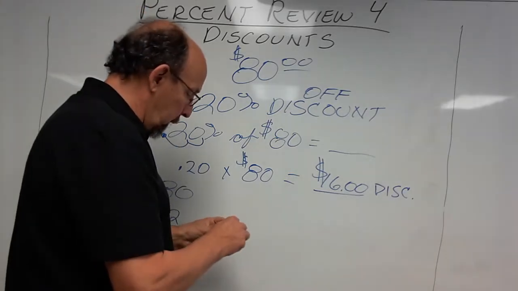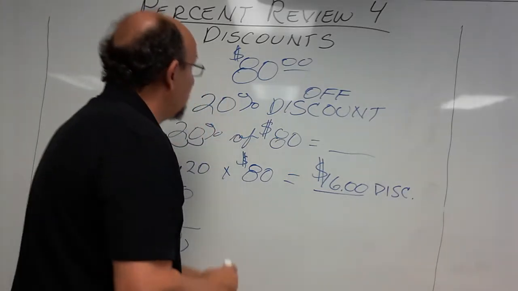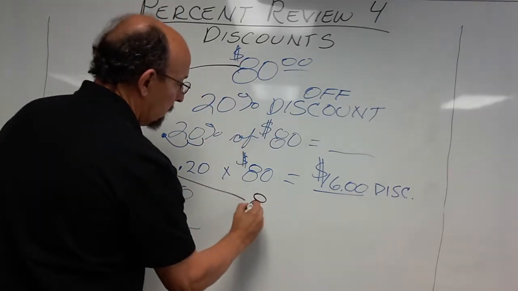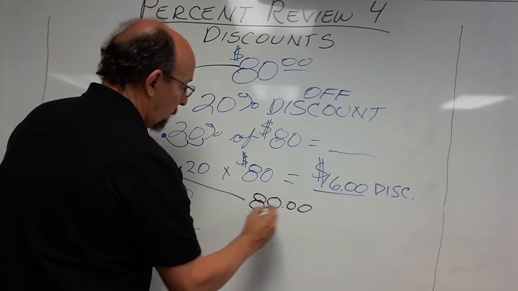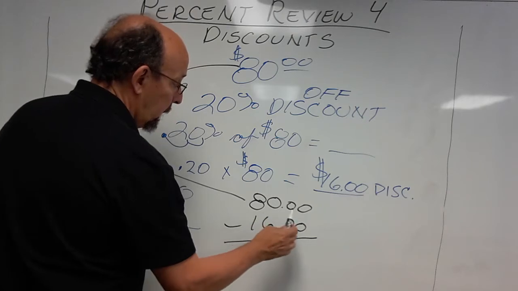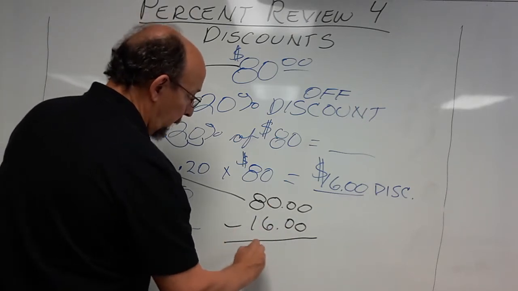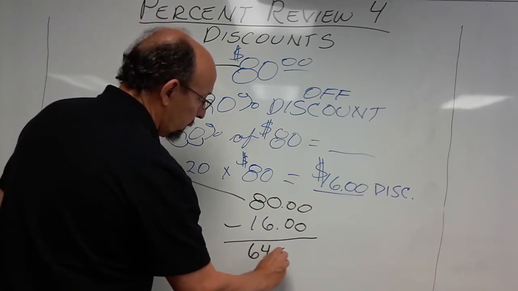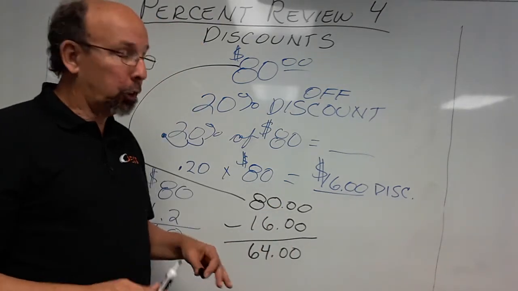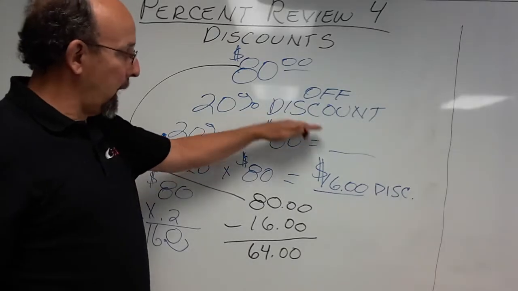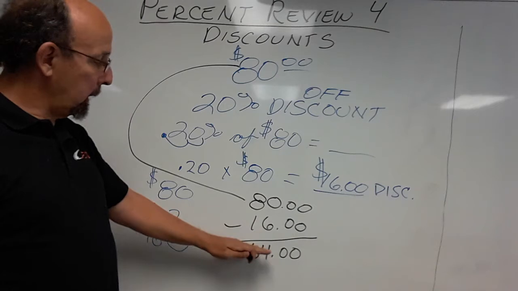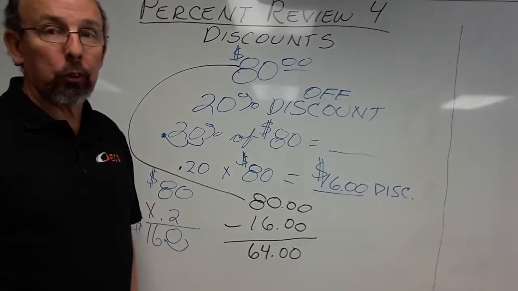So we take the $80 and subtract the $16 discount, and you find out that you're paying $64 for the shoes.